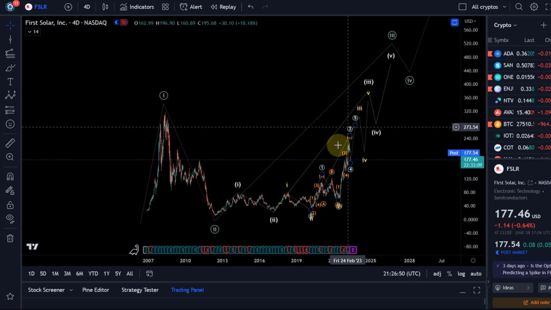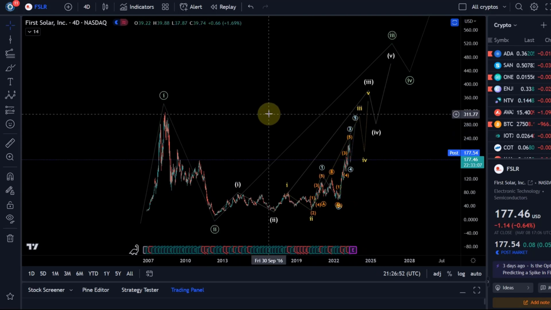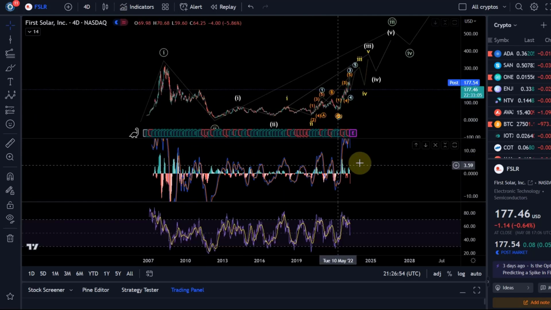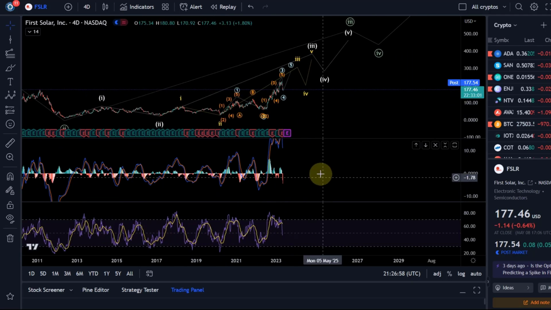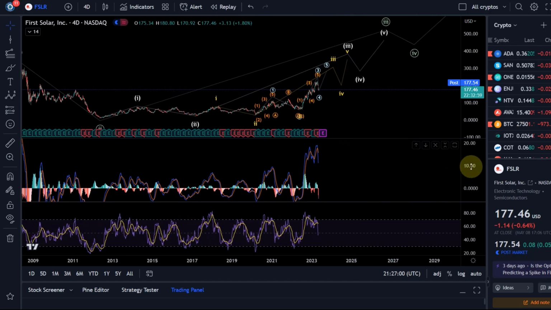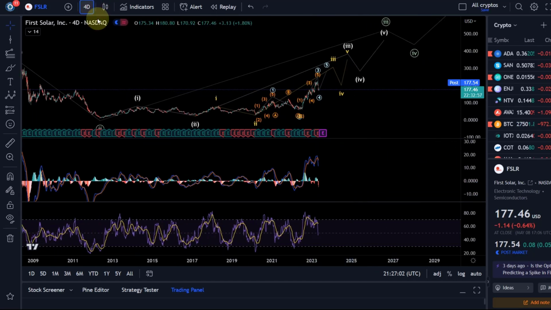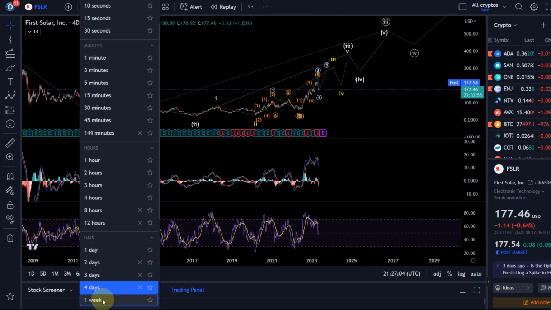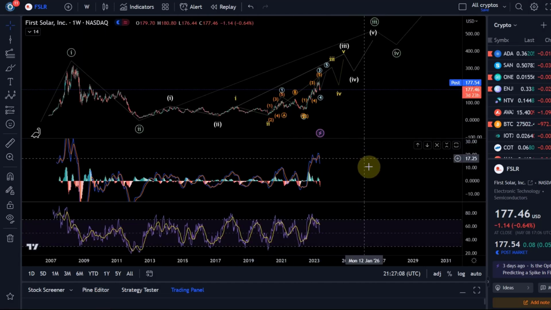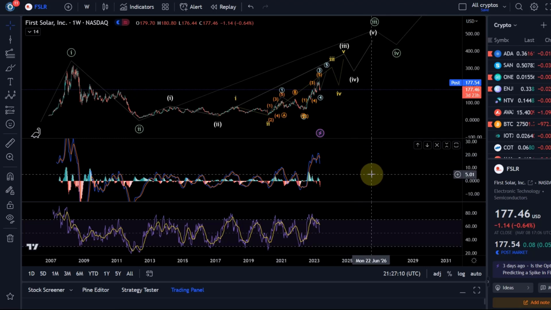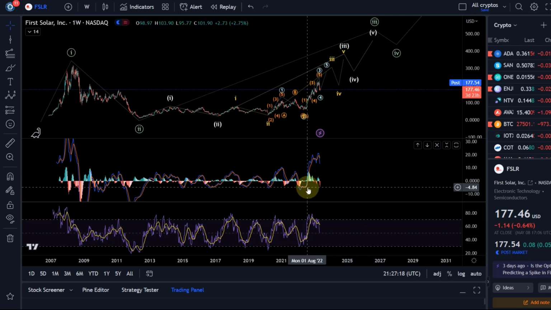Before we go into the detail, while we are on the 4-day chart, let's look at the indicators. Let's start on the weekly chart. One thing that concerns me a little bit, and they are only indicating, they're not leading, is that we have a bearish crossover on the weekly chart actually.